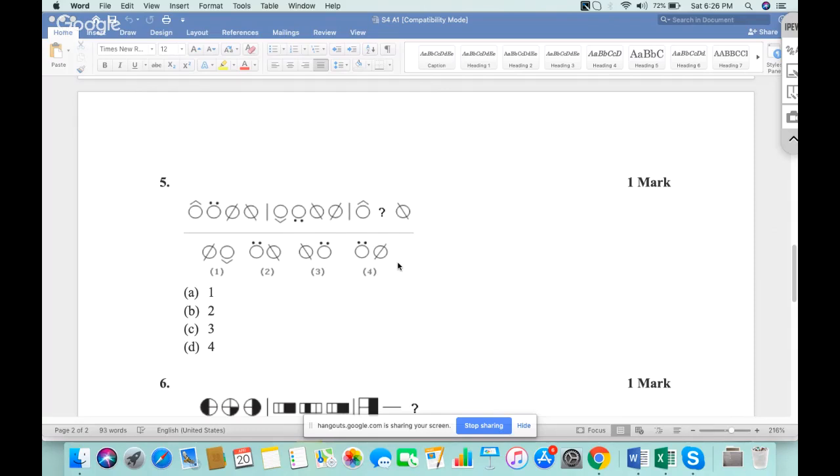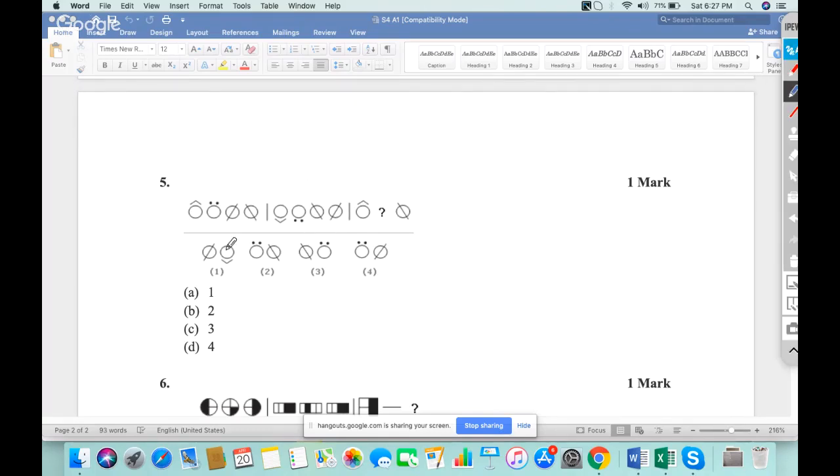So you have to find two figures in between here. What would be two figures in between? So two figures in between means, you look at here, this is an alternating series.